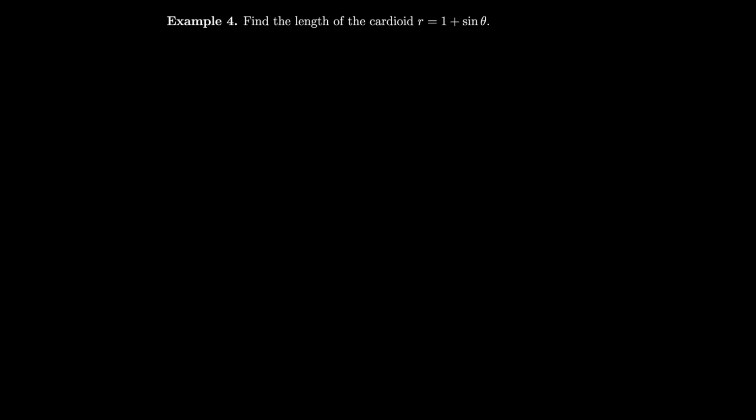Instead, we know that we're going to go from 0 to 2 pi, and we get an entire one tracing out. So let's integrate from 0 to 2 pi for our arc length of the square root of r squared plus (dr d theta) squared.